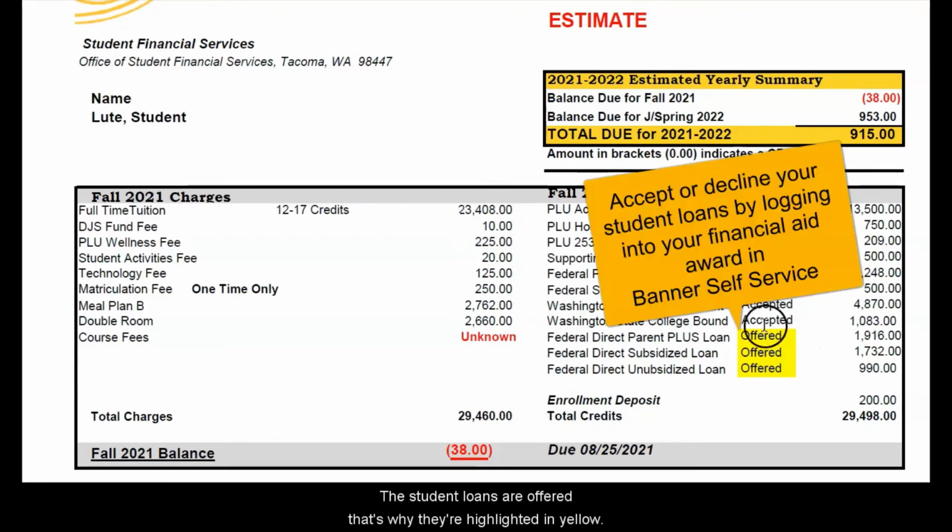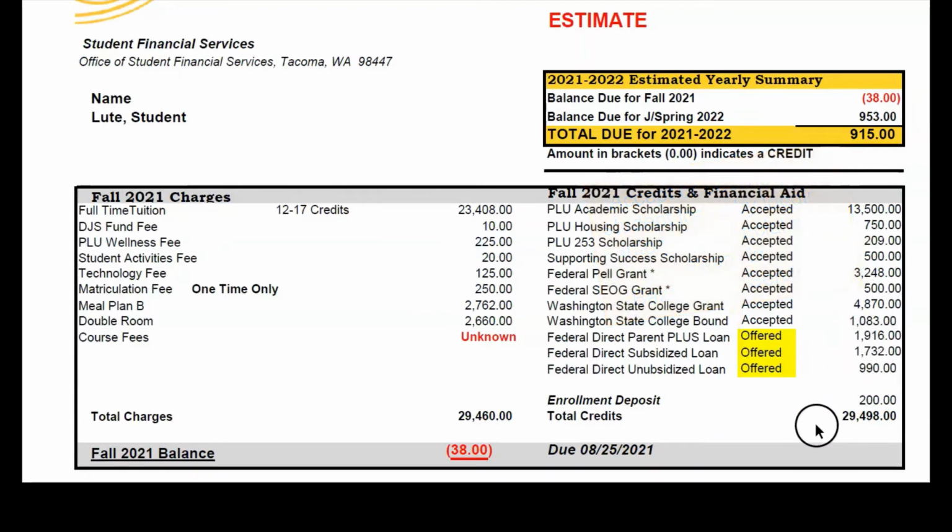So the student loans are offered, that's why they're highlighted in yellow. You have to decide if you want to accept or decline your student loans, but for the purposes of the estimated cost summary, it has included the amounts that these loans would pay out into the total financial aid amount. Also, if you're an incoming student, take note that your $200 enrollment deposit is applied to fall.